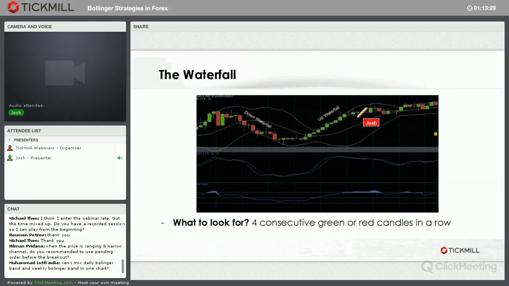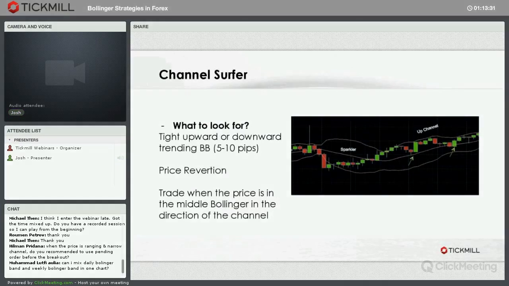Basically, if you are in a channel surfer and the price is somewhere here, and you don't want to start purchasing your lots here, but you believe the price should get to the moving average first, you would place a pending order or a tripwire in the market. When the price hits it, your automatic long position is triggered, your lots are purchased, and automatically your take profit and stop loss levels are preset, so that you don't have to sit in front of the screen the whole day. So I think pending orders are smart.